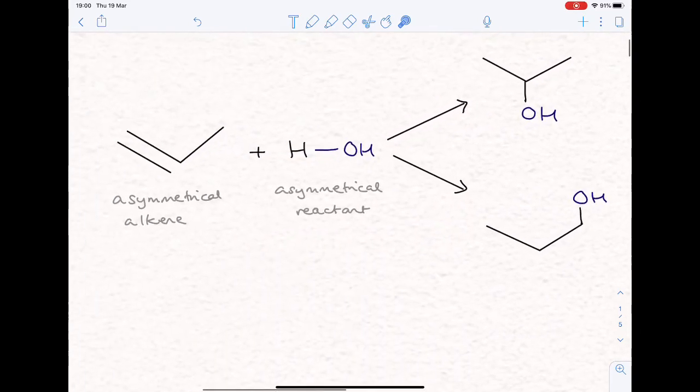This is the hydration of propene. So we have again an asymmetrical alkene with an asymmetrical reactant, and you will get two different possible products.